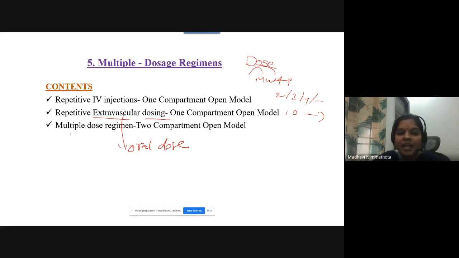And the third one is multiple dose regimen for the drugs following two compartmental open models. You have three topics under this multiple dosage regimen. For knowing this, how we will divide the repetitive doses for treating such kinds of diseases when our drug follows either a one compartment or a two compartmental open model.